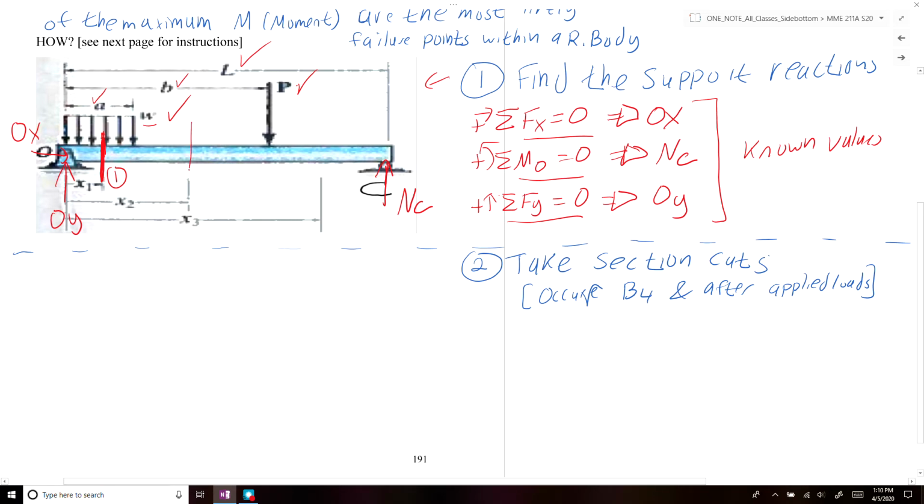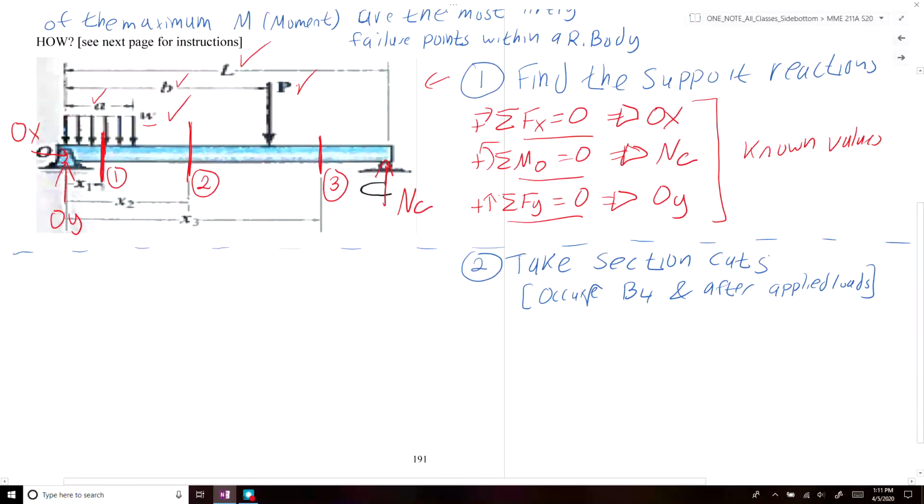Our second section cut would go in between where our distributed load is being applied and where our point load is being applied. And our third section cut occurs after where that point load is being applied, up until the roller joint at point C.